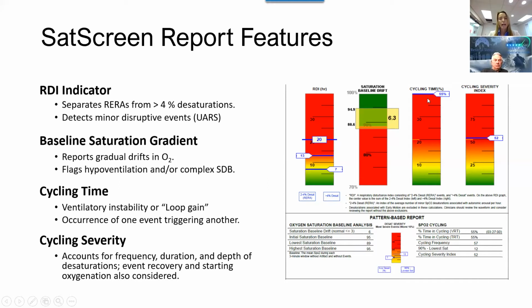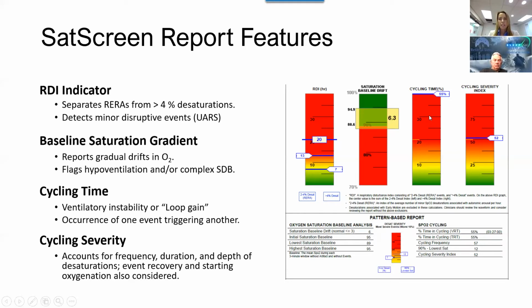It is normal to have some drifting when the patient falls asleep, just because breathing tends to become lighter and relaxed. However, some patients, particularly those with complex sleep apnea or hypoventilation syndrome, will drift to a dangerously low level. So that's where we see this low value here showing up in the red section at 88.6.